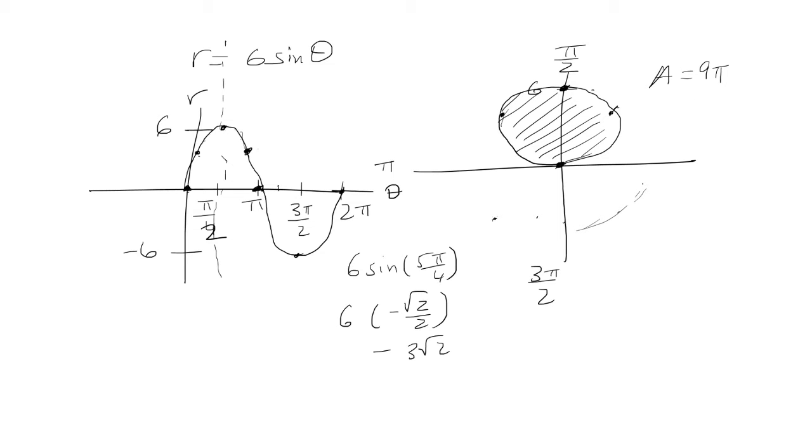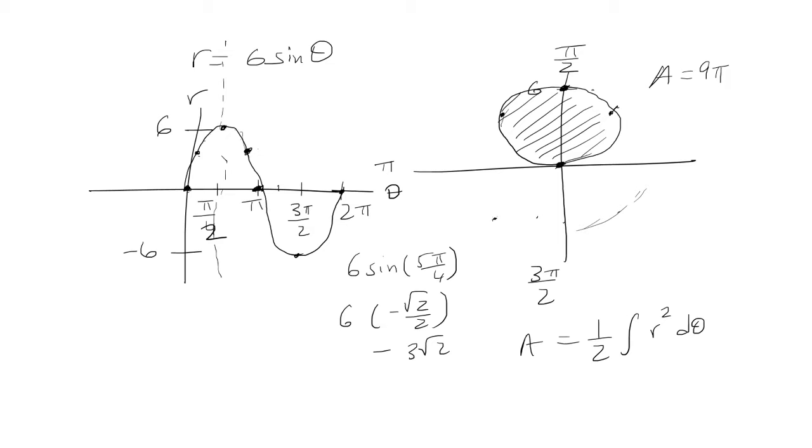But let's use the formula. We know that the area is 1/2 the integral of r squared d theta. Okay, so what bound should I use? So the way I drew this picture was going from 0 to pi.